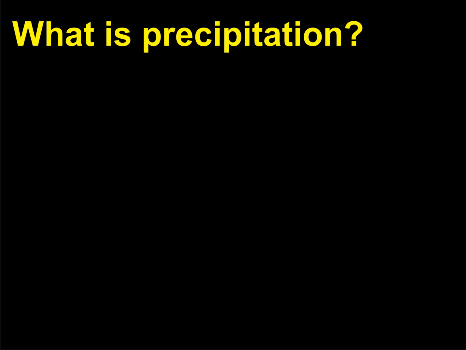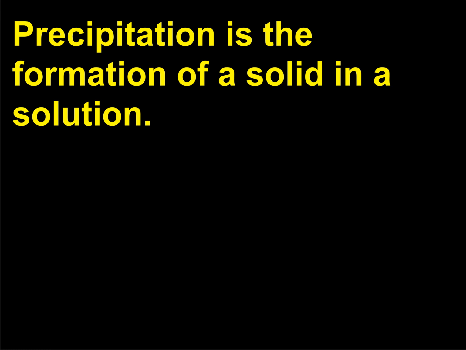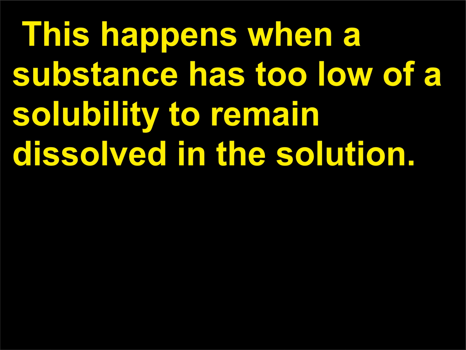What is precipitation? Precipitation is the formation of a solid in a solution. This happens when a substance has too low of a solubility to remain dissolved in the solution.